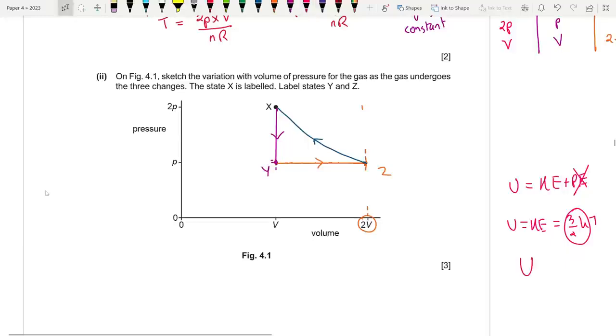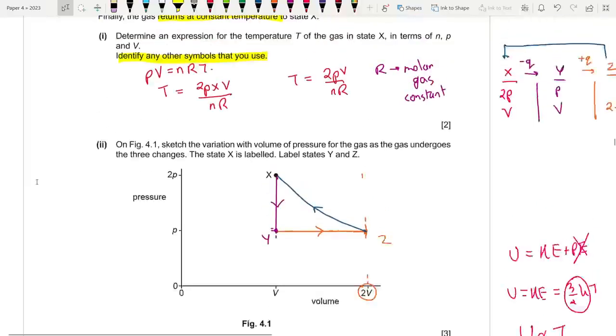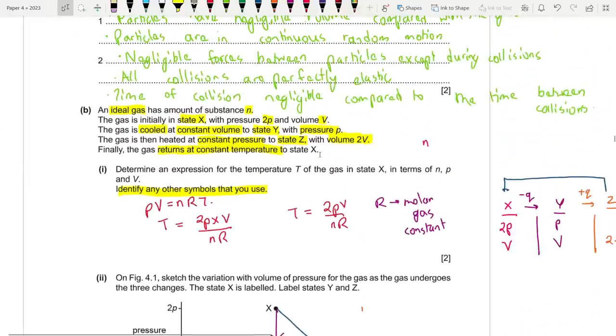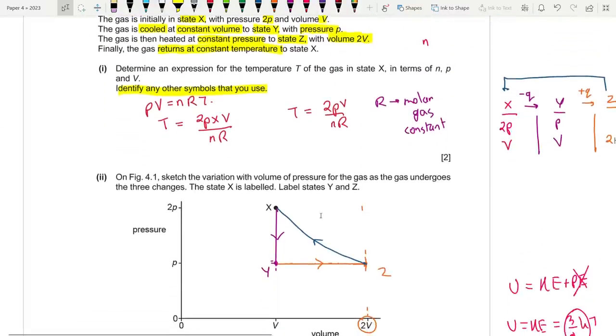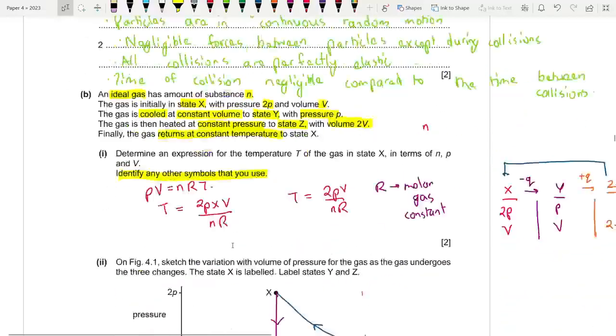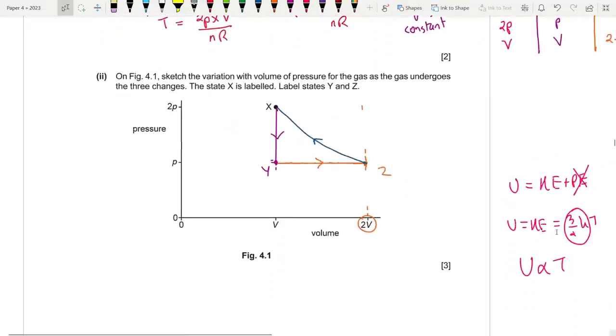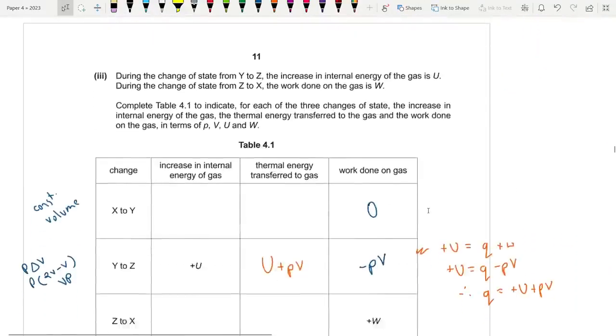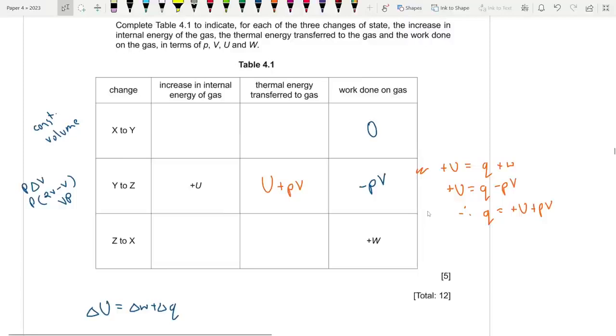So U is entirely dependent on temperature. Since for the change from Z to X, temperature remained constant, kinetic energy remained constant, and U also remained constant. So the change in U from Z to X was 0.